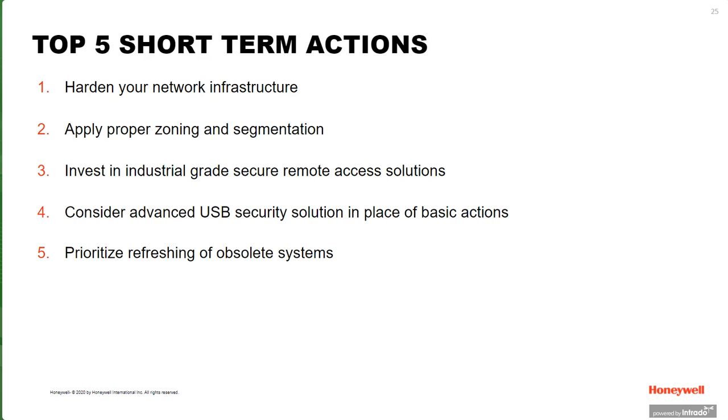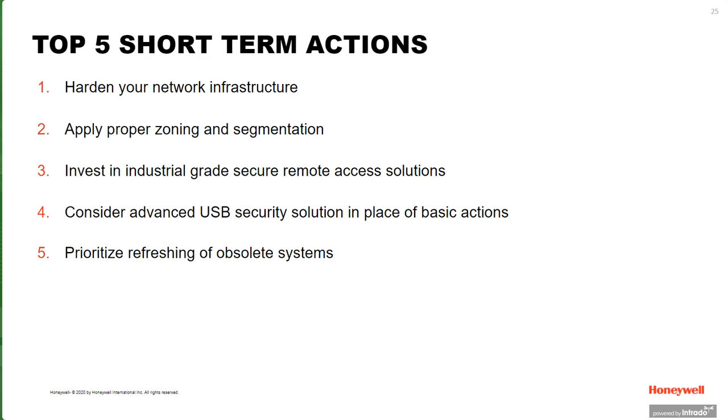Invest in industrial grade systems. Don't just go for IT systems. Really evaluate, is that technology industrial grade, or is it just an IT system that I'm using for now? Consider USB security, especially for air-gapped systems.